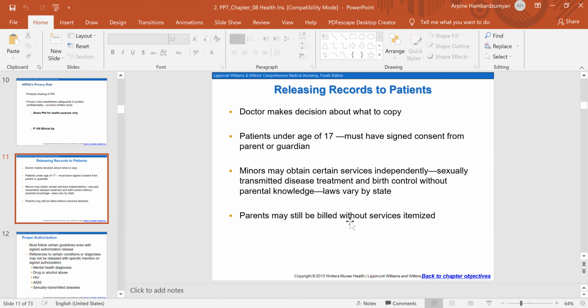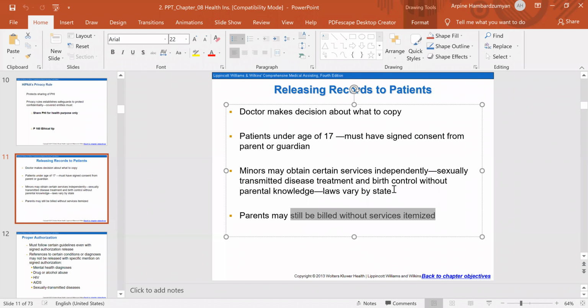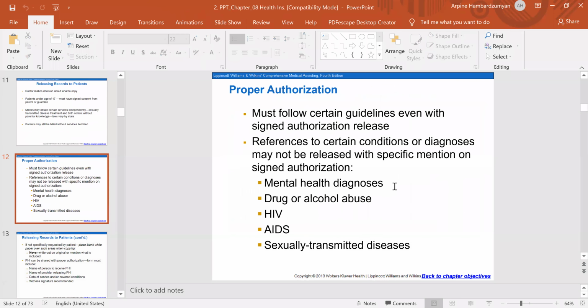It is when it is about STDs, when it is about birth control, and if I'm not mistaken, also when they donate blood. So in these three cases, you don't have to have the parents' signature. And parents still might be billed without knowing what they are paying for.